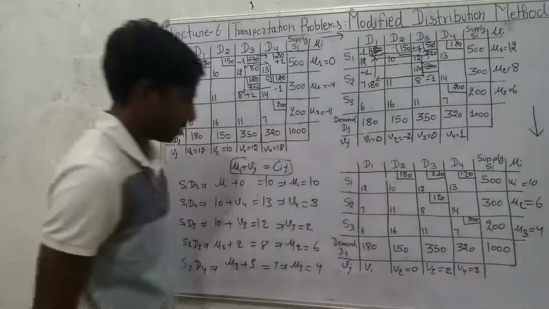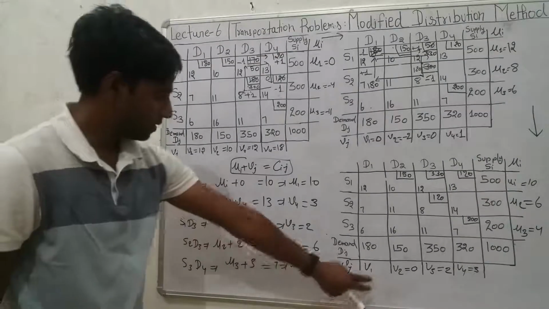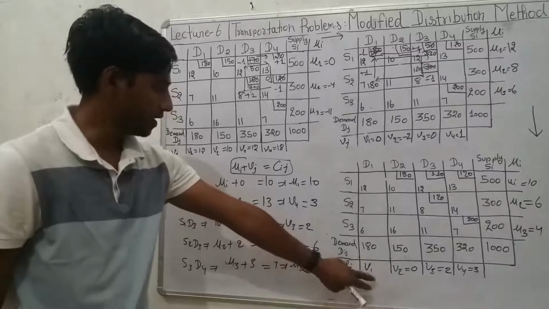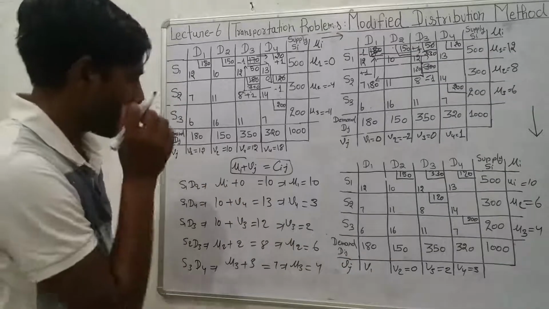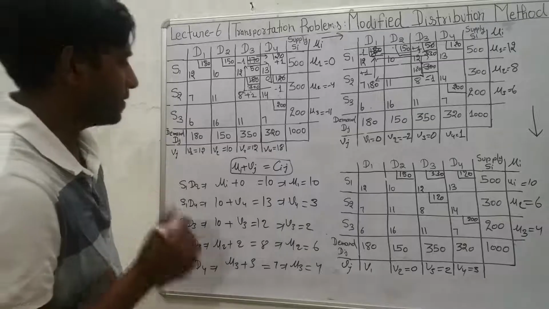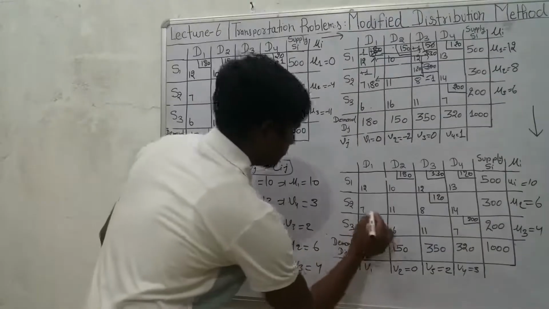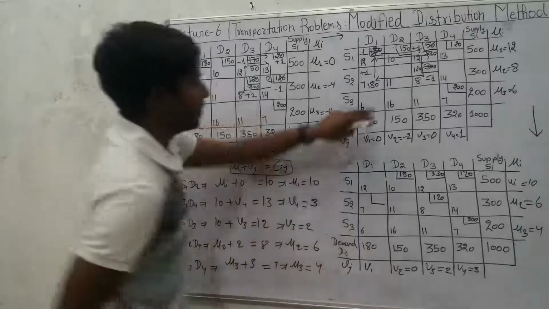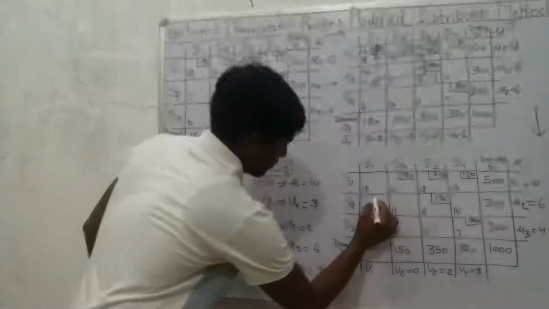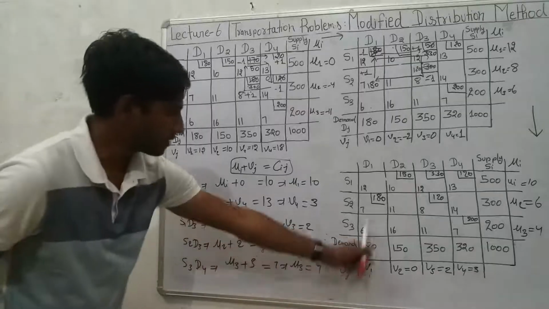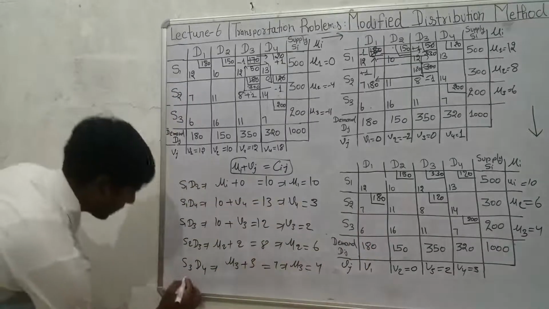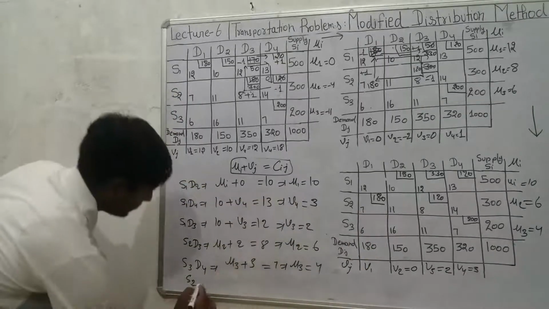So now we are left with V1 only. We need to calculate the value of V1. Okay, we missed this value as we have allocated 180 units to this cell. So in this column, consider this cell S2D1.